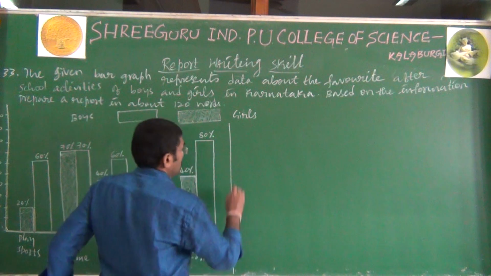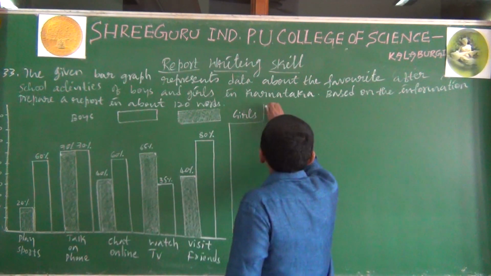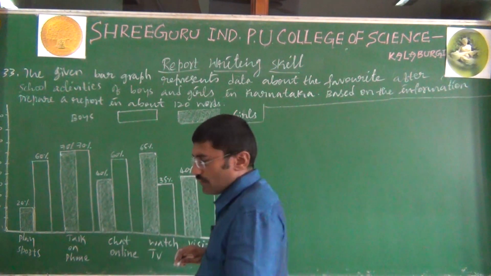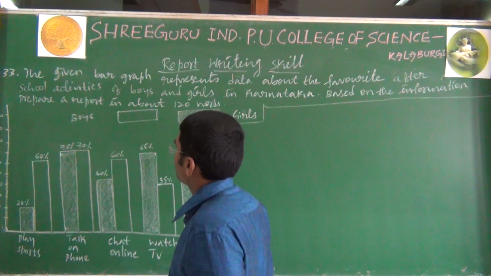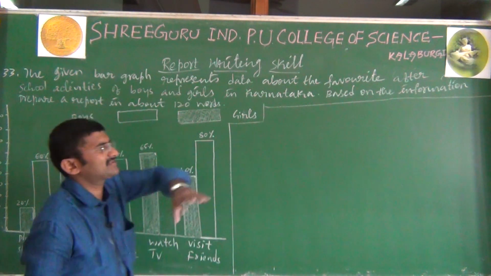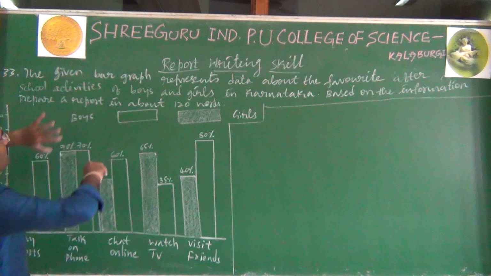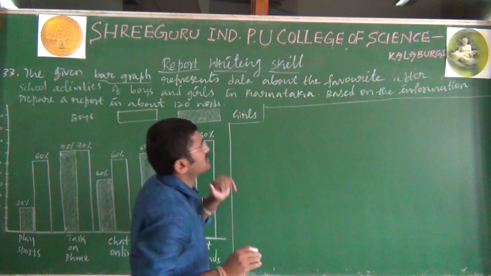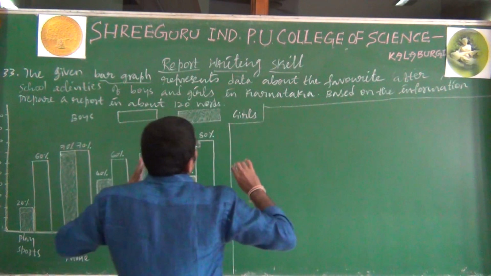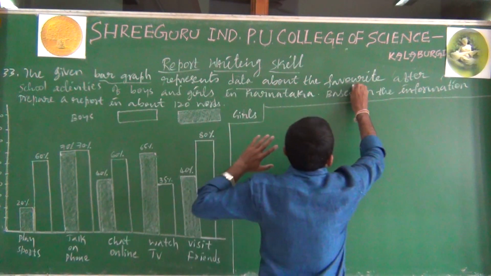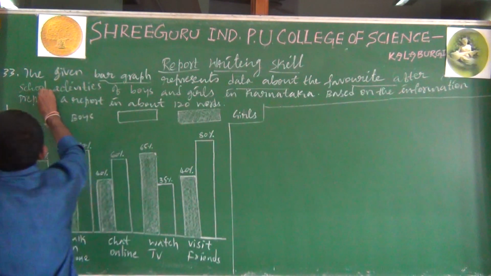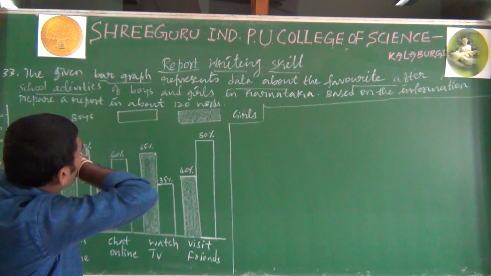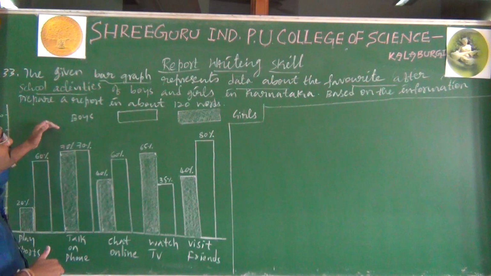My dear students, the most important thing before going to represent a report here, one must be knowing what the question is all about. The question is all about the bar graph. This is bar graph, right? Represents what? Represents data about favorite hobbies or activities after the school.